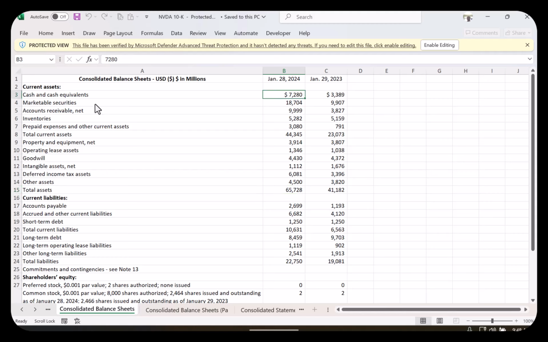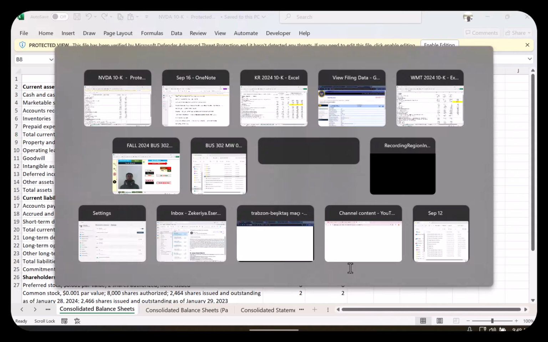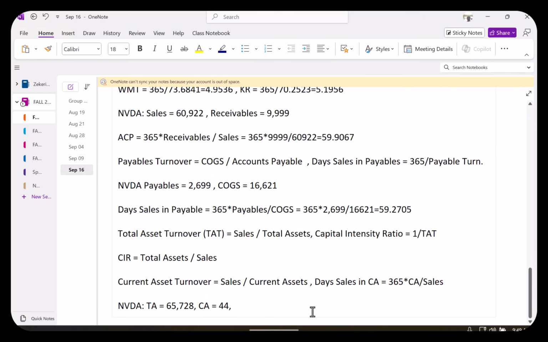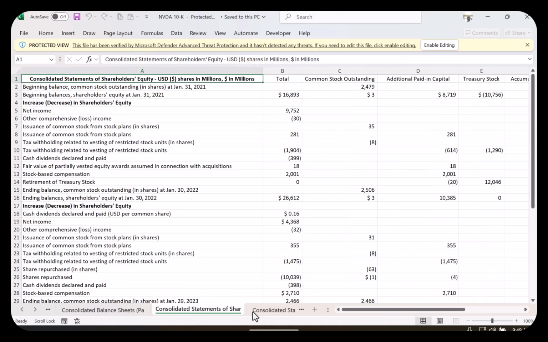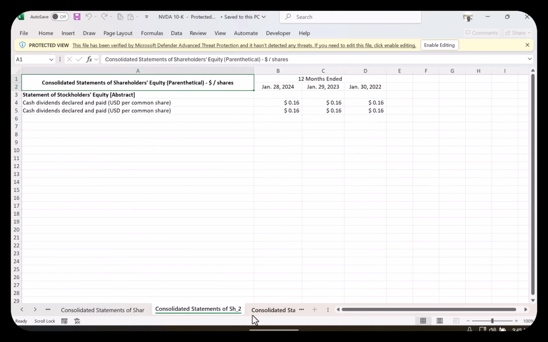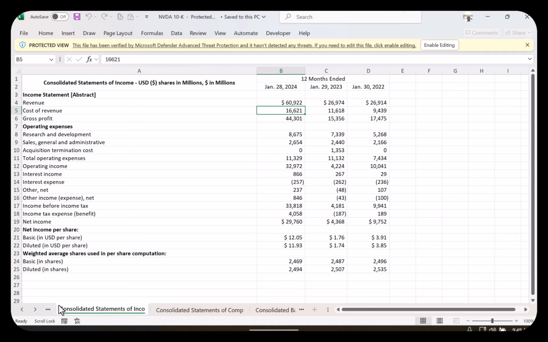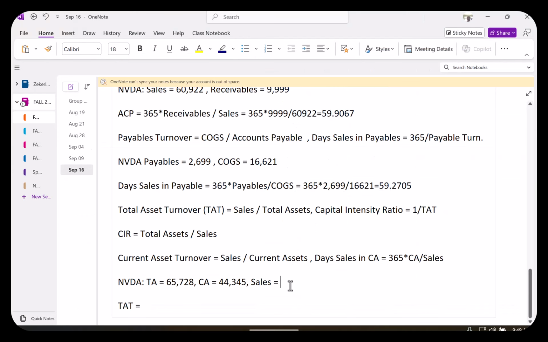Current assets 44,345. So TAT would be sales. Apparently, I didn't get the sales itself. 6922.